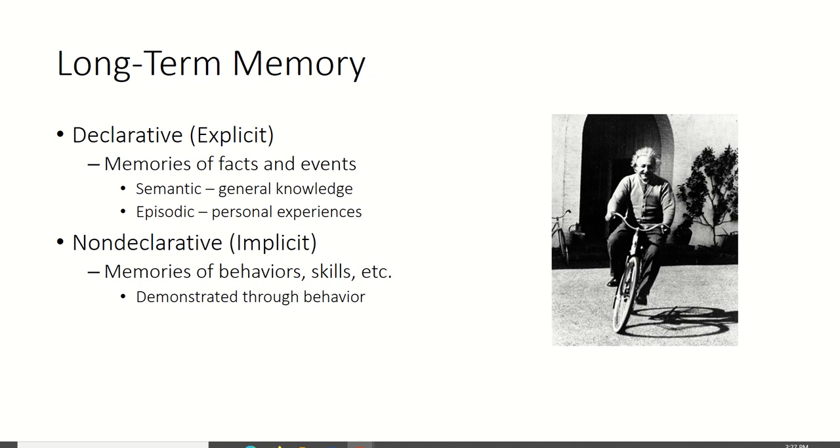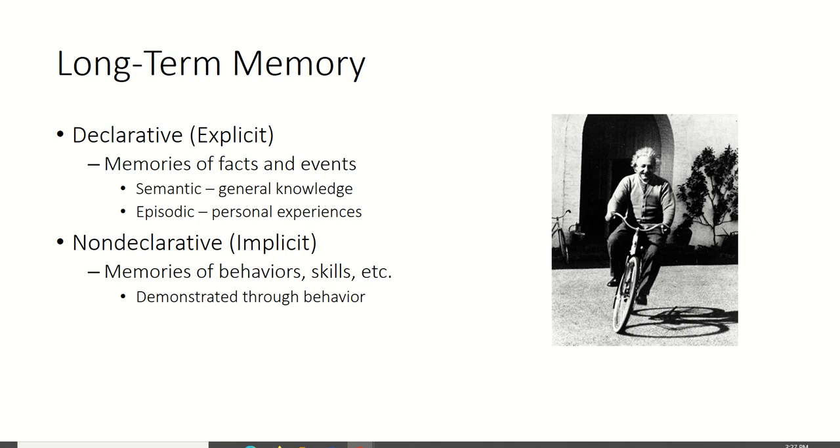He can declare it or make it explicit and write it out on paper. If Einstein gets on a bike, however, he is using another form of long-term memory, in the sense that he is displaying an understanding of physics by operating the bike and not falling on the ground. Both of these are long-term memory systems, but they involve a different sort of currency. The way in which they're expressed is different.